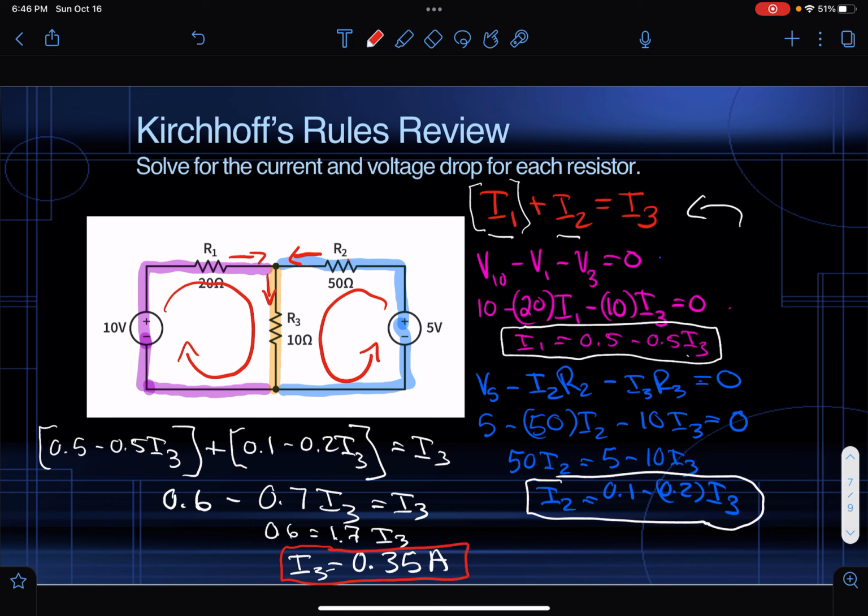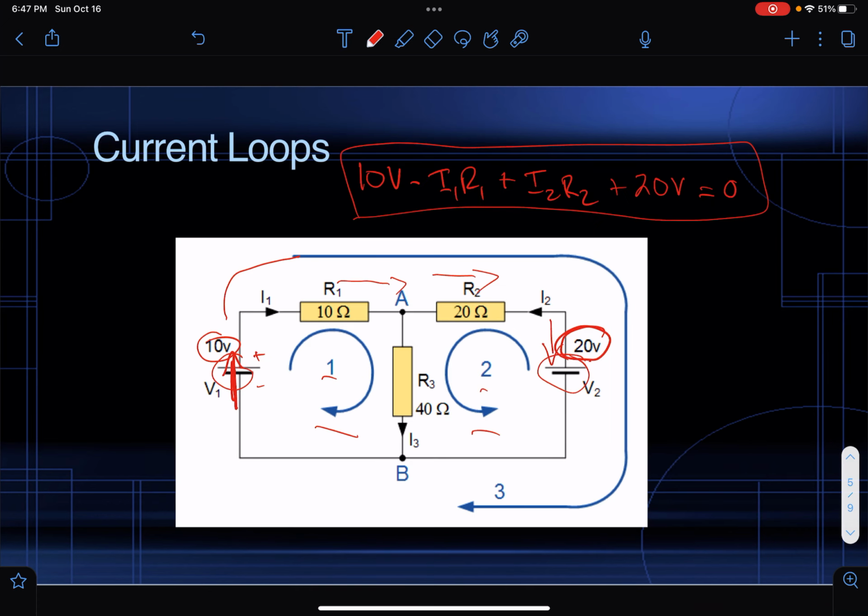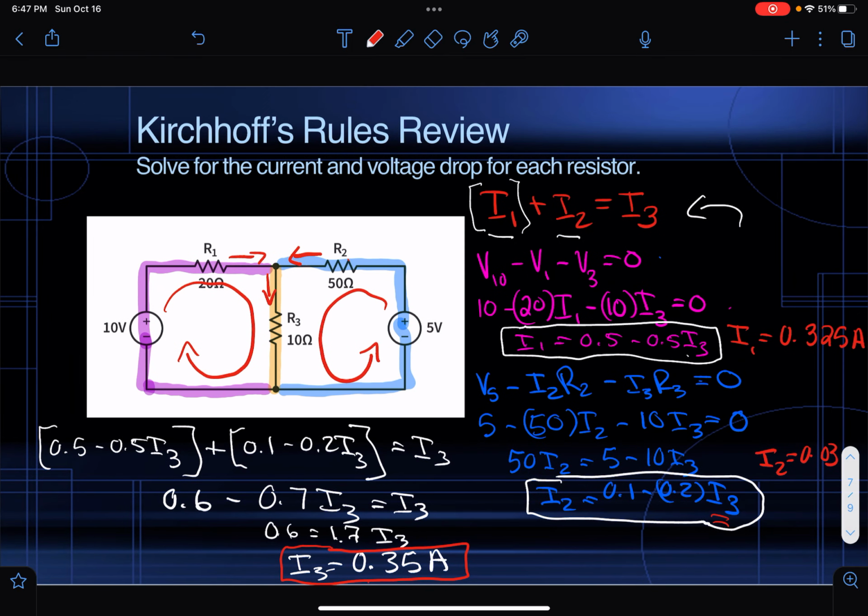So I now know what one of these is. I can go back into these other equations and solve them. So my I1, I'm going to do 0.5 minus 0.5 times I3, which is 0.35. When I do that, my I1 ends up 0.325 amps. And then if I plug my 0.35 in to solve for my I2, I get 0.03 amps.